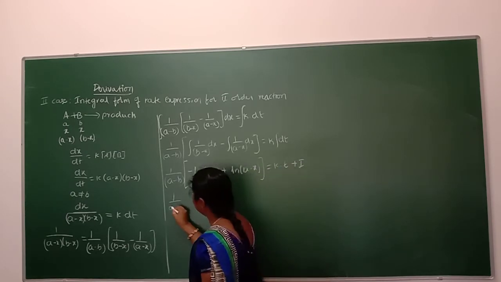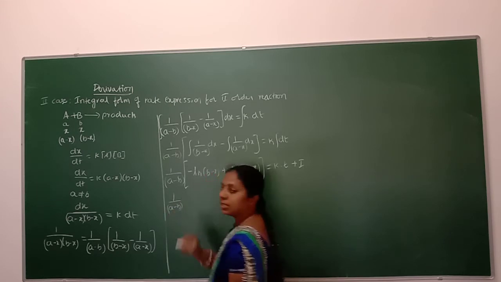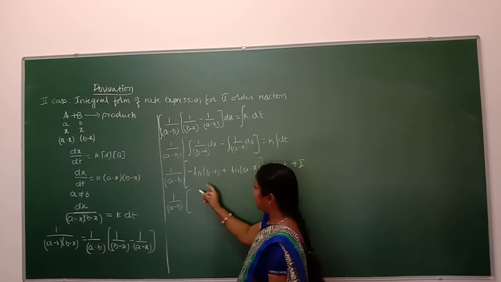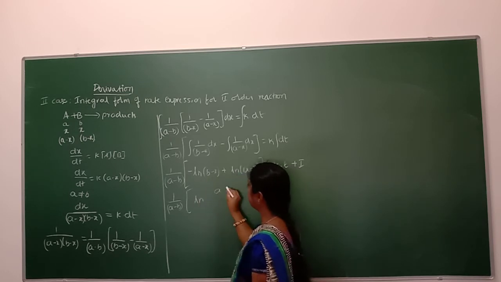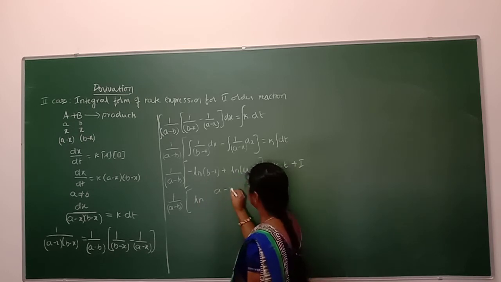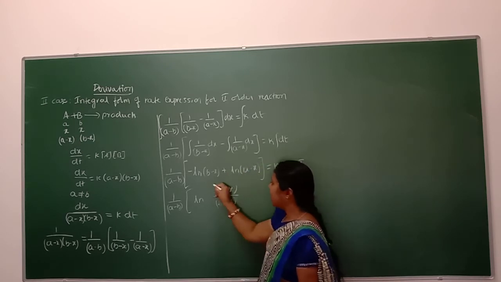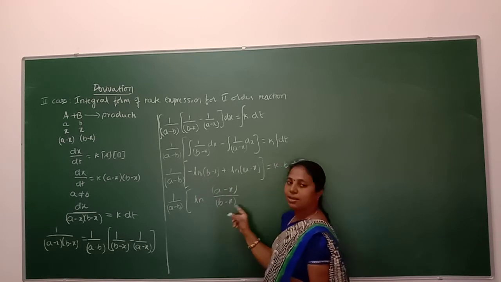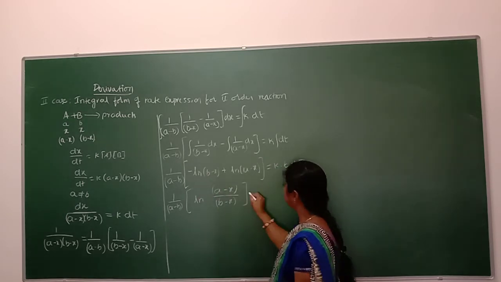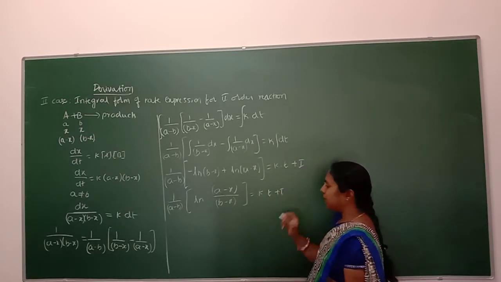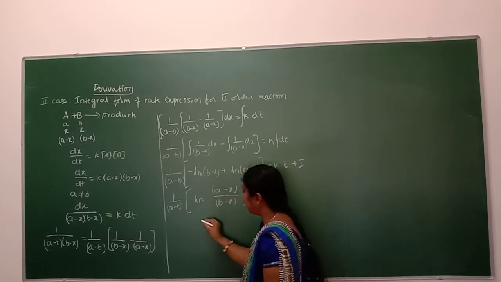So 1 divided by (a minus b) we write as it is, and log a minus log b is of the form log a by b: log (a minus x) divided by (b minus x). The positive term is written in the numerator and the negative term in the denominator, which is equal to kt plus I.